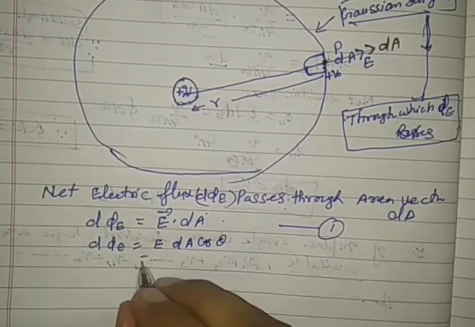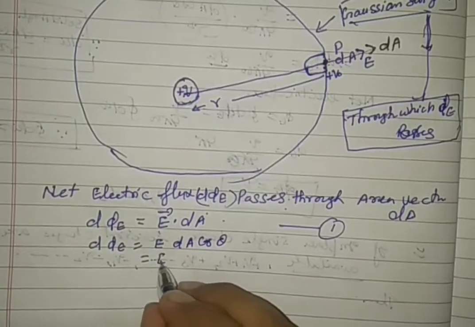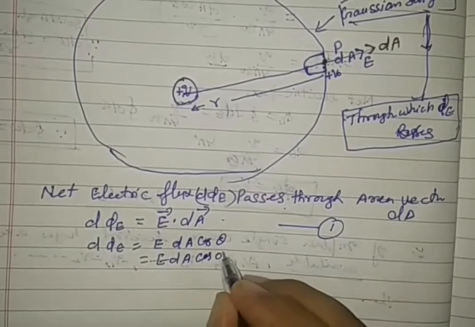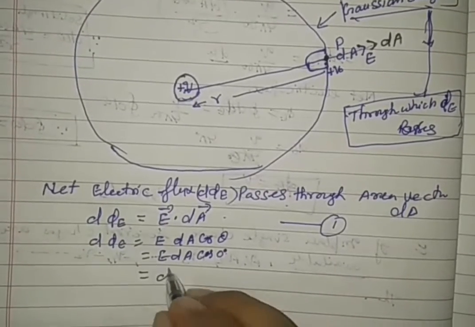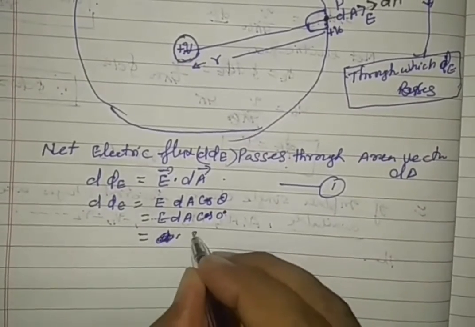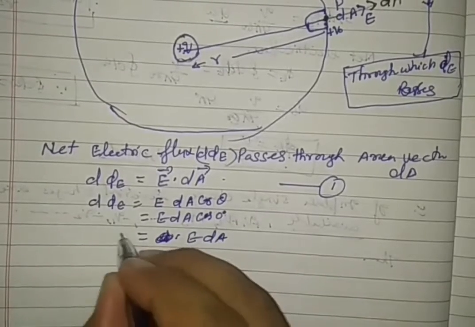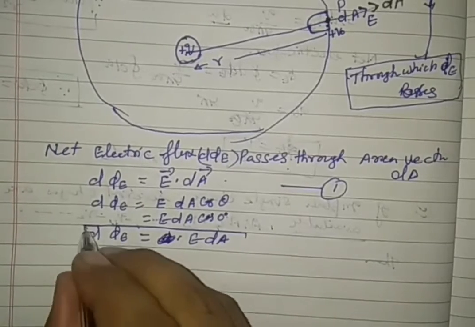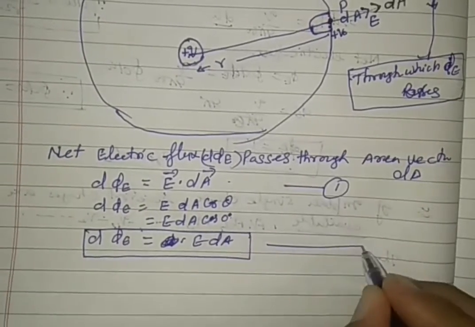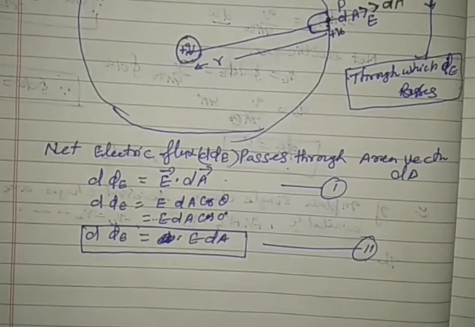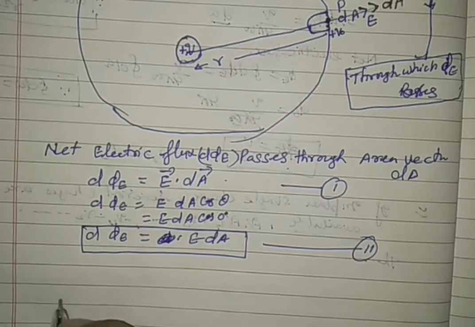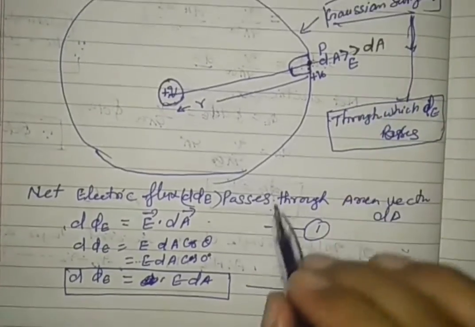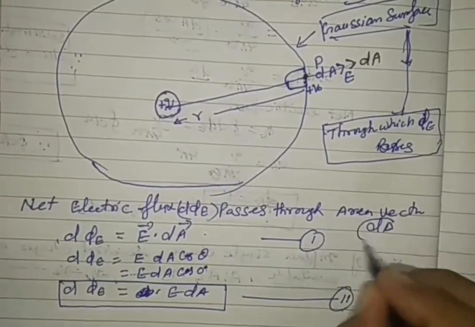Since both are in the same direction, E dA cos 0 is equal to E dA. d phi E is equal to E dA, represented as equation number 2 here.